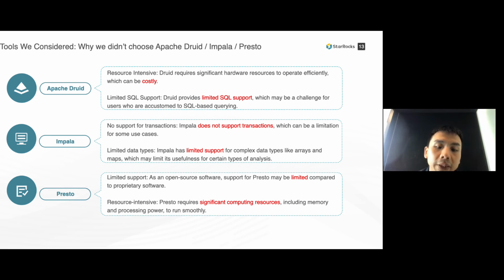And for Impala, meeting the transactional requirement is challenging, and it does not have the capability to support complex data types and functions. During that period, adequate support for maintaining Presto clusters was unavailable, and to achieve optimal performance, considerable expertise and a strong resource for support was necessary.